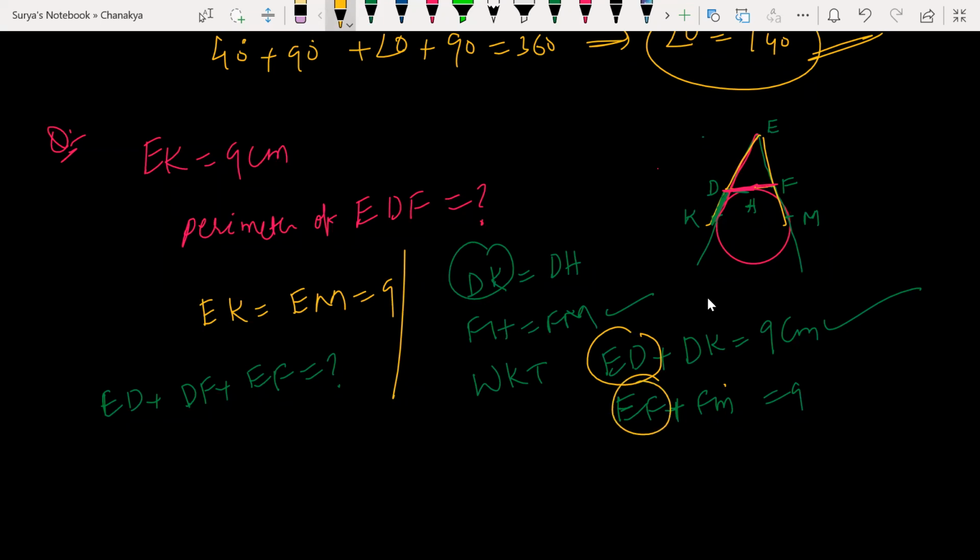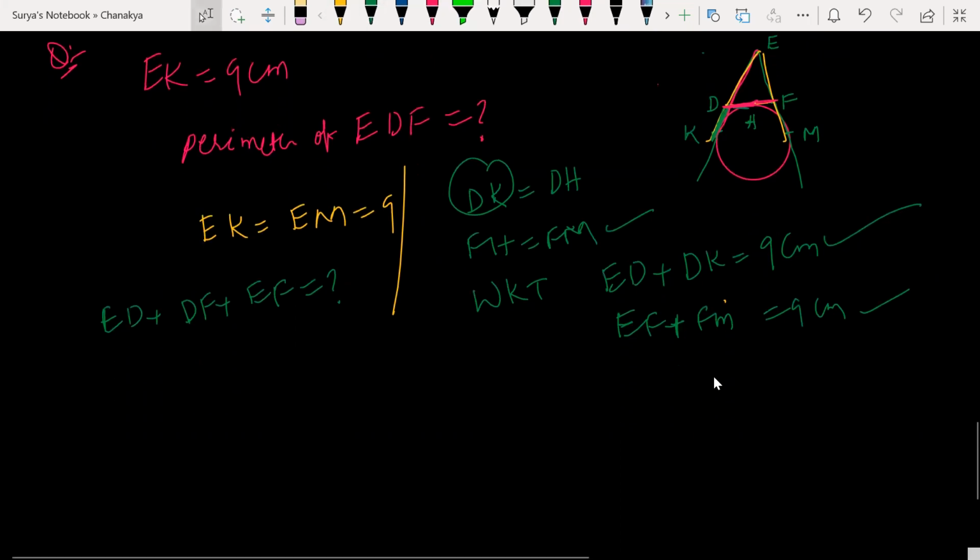For finding the DF value, what do I need to find out? This is the info I got. What is it asking us to find? The perimeter of the triangle EDF. Yes or no?